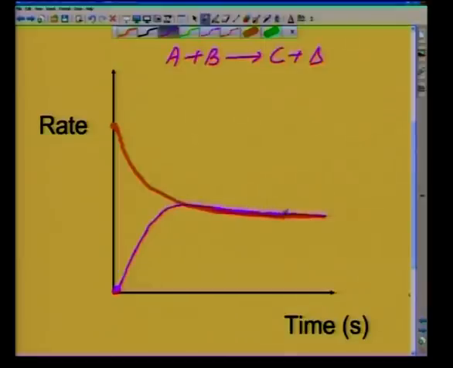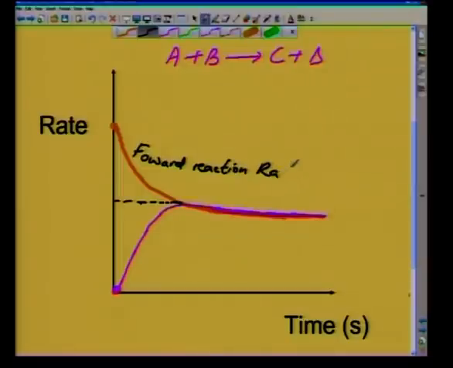This should be a single line moving like that because the rates are now equal. Okay? Now, what we are trying to say here is that at this point, the rate of the forward reaction, remember the brown color line gives us the forward reaction. This is the forward reaction rate.